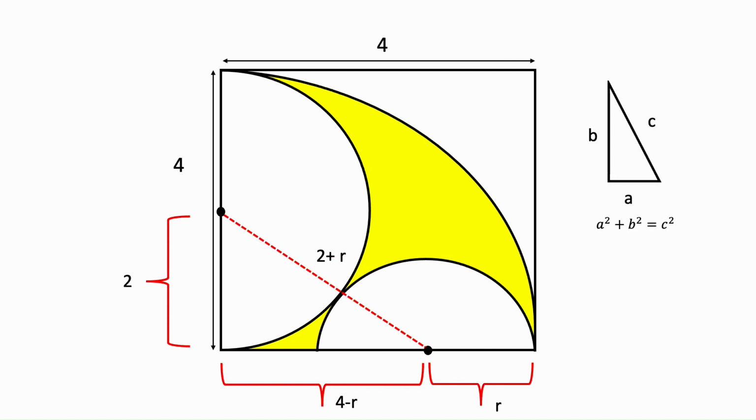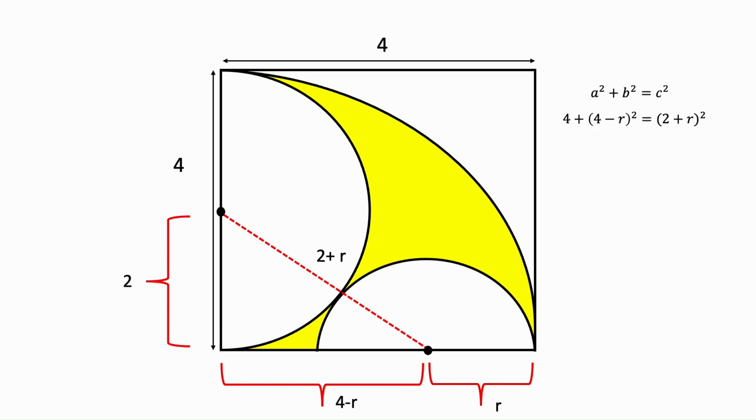Here we have a triangle. One of the angles is 90. And we have sides 2 plus r, 2, and 4 minus r. And we know one formula for a triangle with a 90 degree angle: a squared plus b squared equals c squared. So we can write this formula for exactly this triangle, and we can find r.